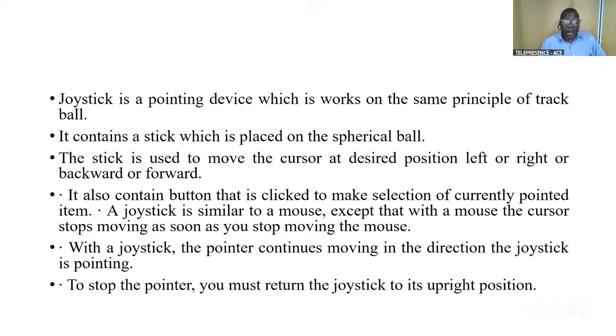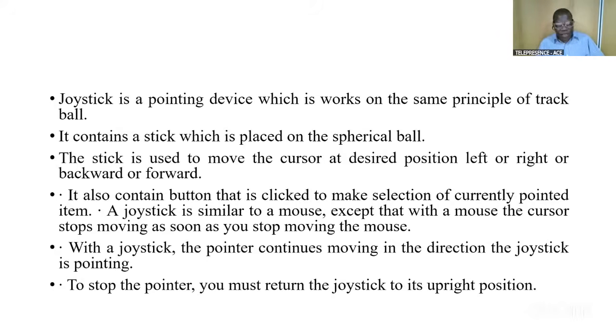A joystick is a pointing device which works on the same principle as a trackball. It contains a stick which is placed on a spherical ball. The stick is used to move the cursor to the desired position, left or right, backwards or forward. It also contains a button that is clicked to select the currently pointed item.